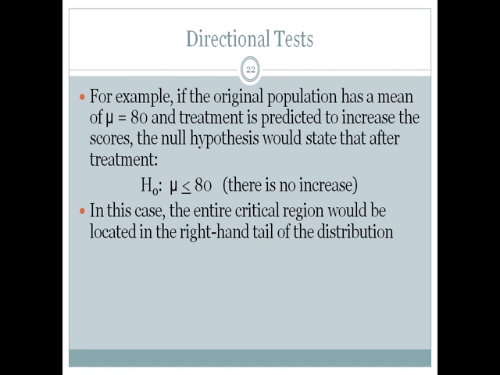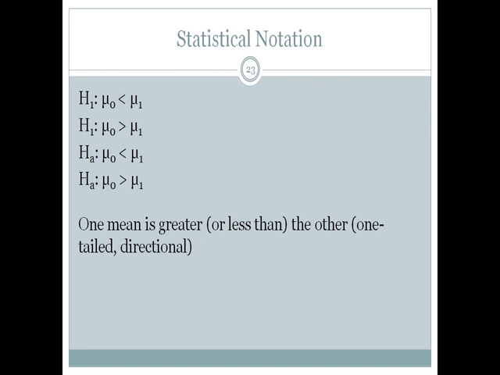And in this case, the entire critical region would be located in the right-hand tail of the distribution. What does this mean? Our alternative hypotheses will always state, for a directional test or a one-tailed test, that one mean is greater than the other, or one mean is less than the other.